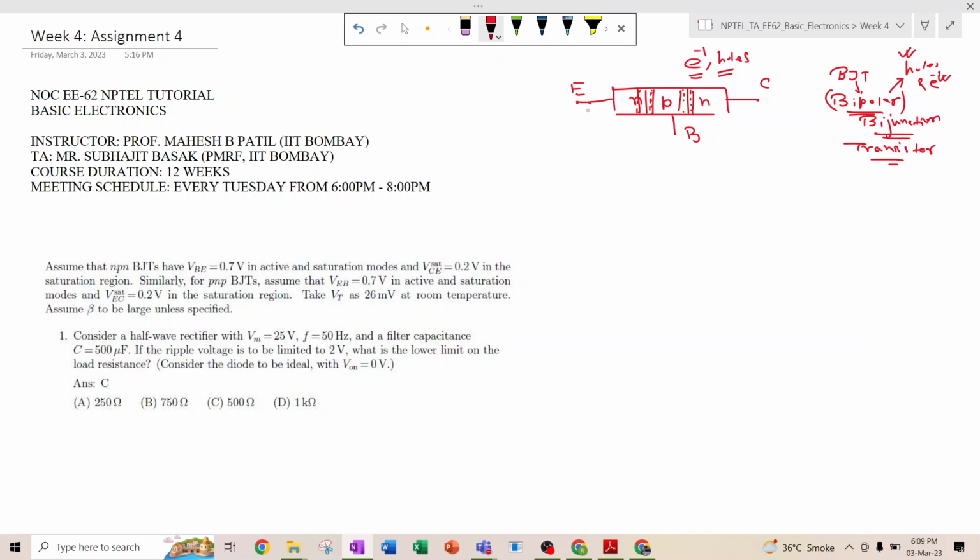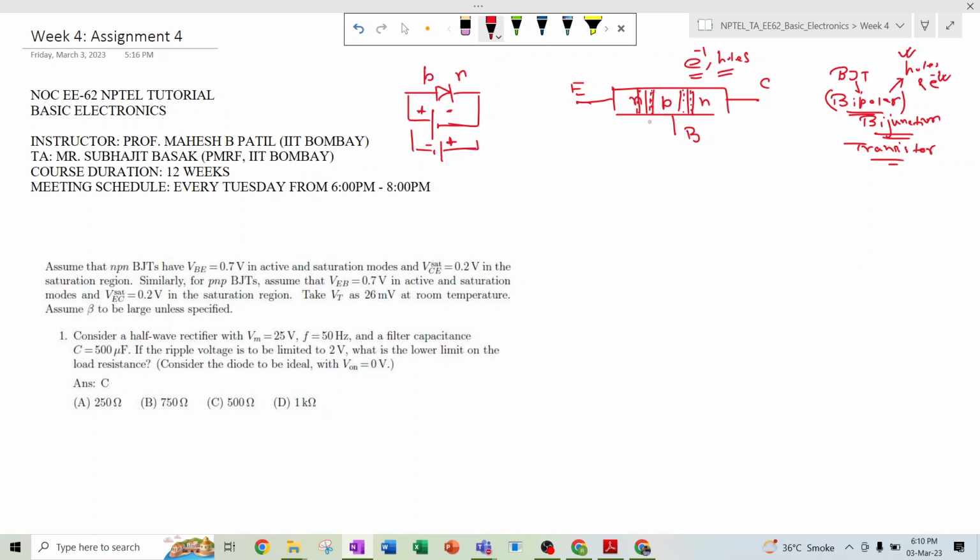Okay. So you know that if there is some PN junction diode, we can bias it in two situations. This is known as the P terminal, and this is known as the N terminal. You can connect positive potential to the P terminal and negative to the N terminal, or the negative terminal to the P terminal and the positive potential to the N terminal.